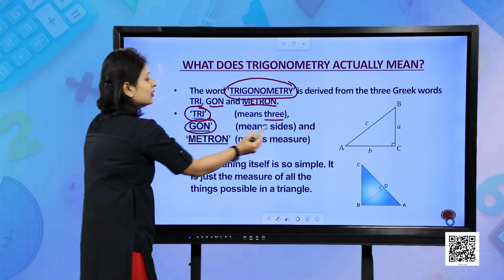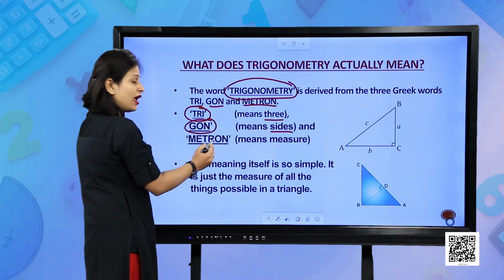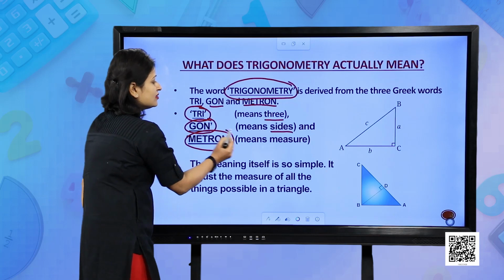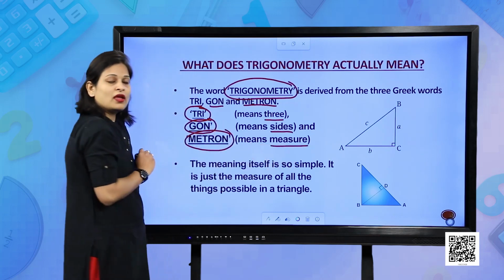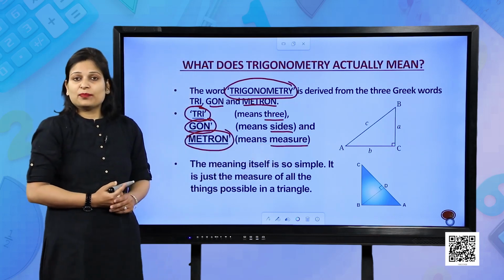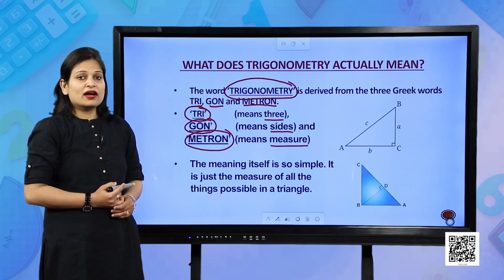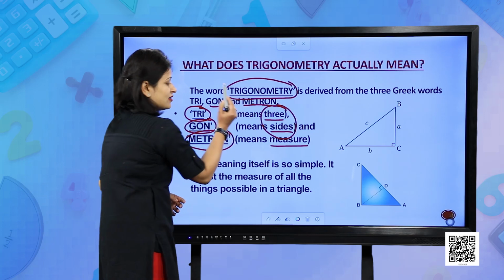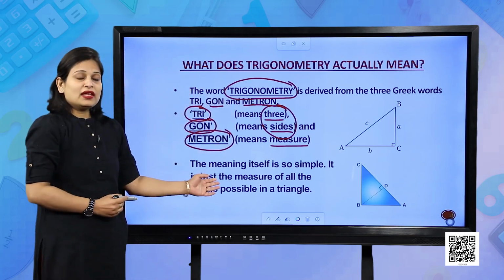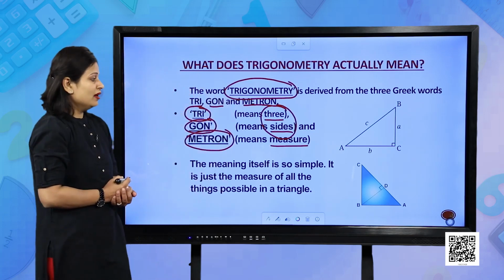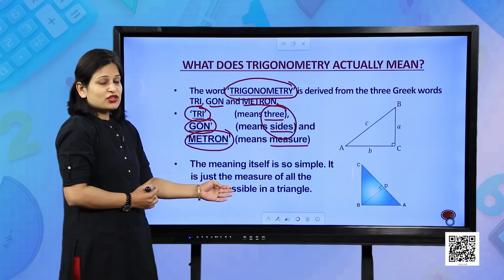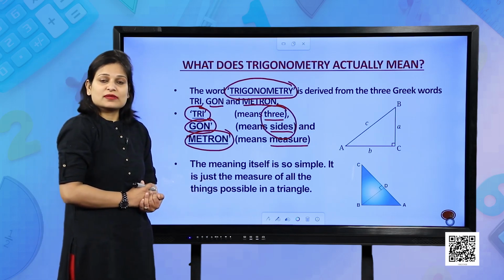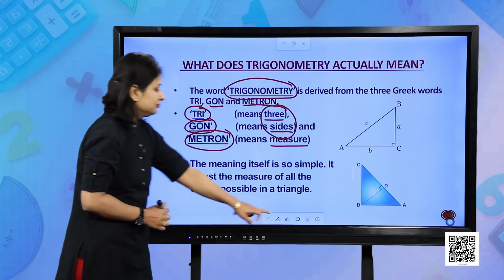Gon means sides and metron means measure. Now, a 3-sided polygon is called a triangle. As you can see, 3 sides. So, the meaning itself is so simple. It is just the measure of all the things possible in a triangle.